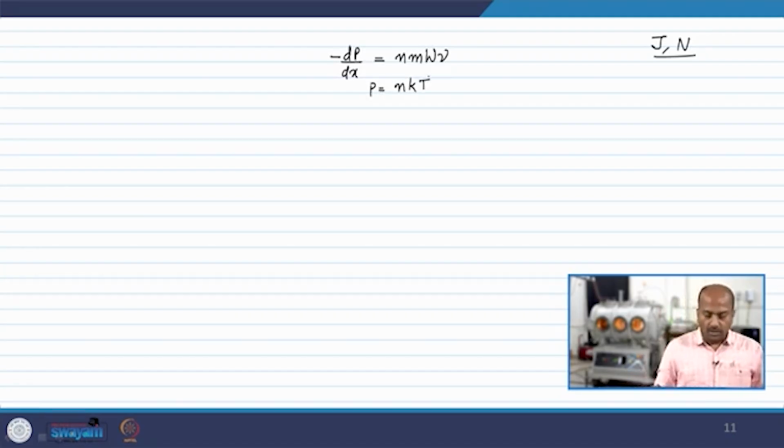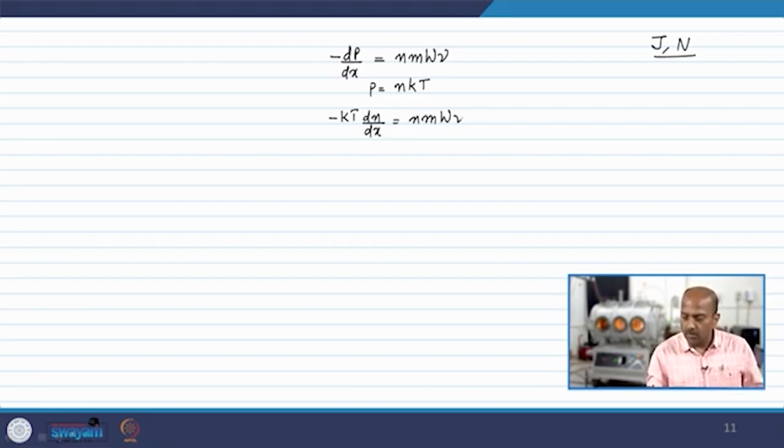Using this we can write minus kT dN by dx is equal to N m W nu, or minus kT by m nu times dN by dx is equal to N W.